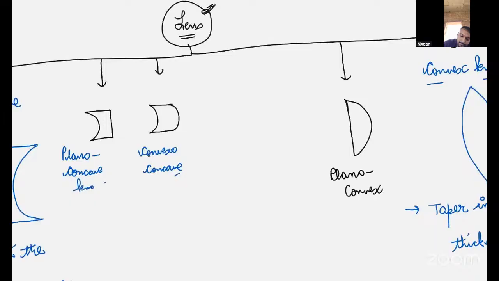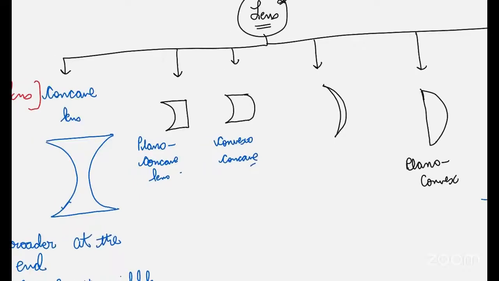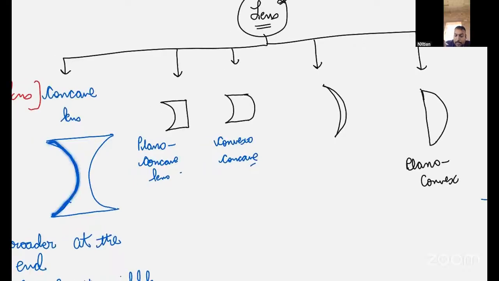And the third one is, one side is convex, another side is concave. This part only. So this one is called concavo convex.